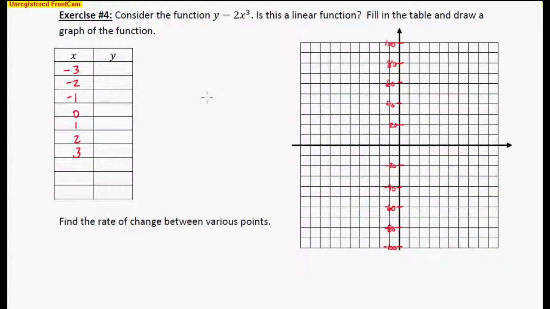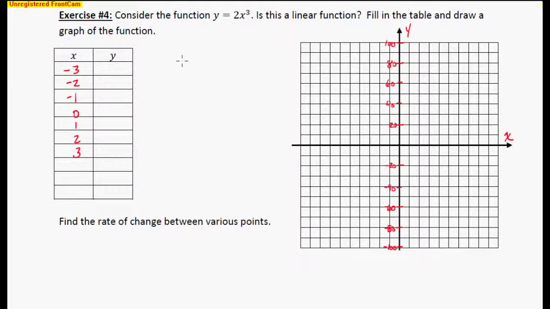All right, guys, here's number 4, and this is, again, very similar. Now, I went ahead and I changed my scale on my graph because I know these are going to get really big really fast. So if you want to go ahead and put your x and y axis here, the x values I'm still going by 1s in the x direction, but in the y direction I'm going by 10s.